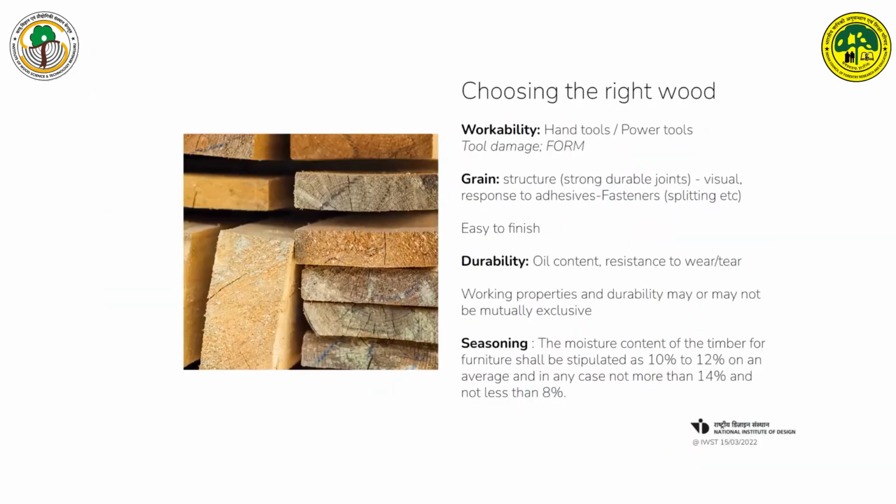So apart from the pricing and the certification, there's always this question of what is the right wood from a design perspective. So we look at it from the workability perspective. If you look at things like mango wood, it is a terrible wood because of the very refined grain. It actually damages a lot of machinery.